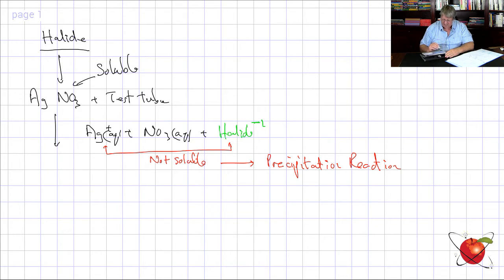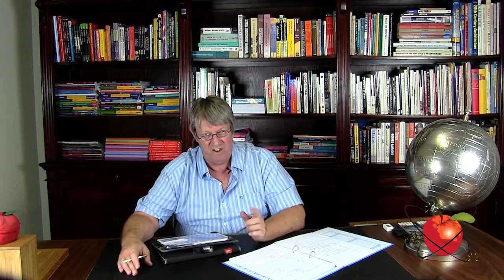So the silver goes and you get the silver halide precipitate. So first of all, we've got a solution and we've added silver nitrate to it. If you get a precipitation reaction, then you know the chances are there's a halide in there. But we still have to test. Let's have a look at what we could have.